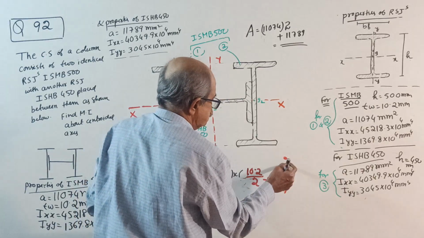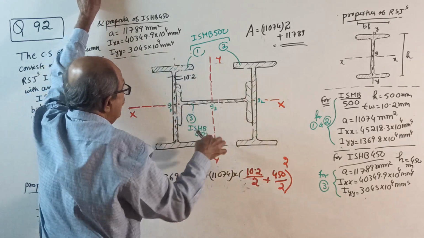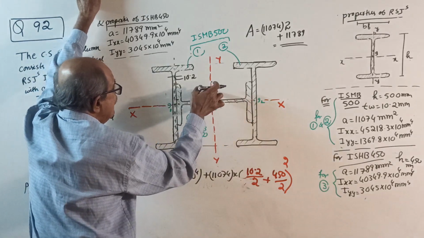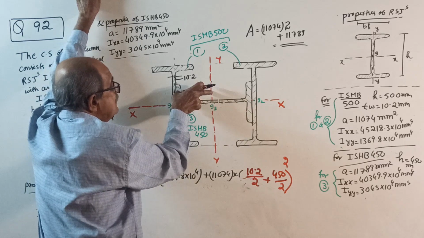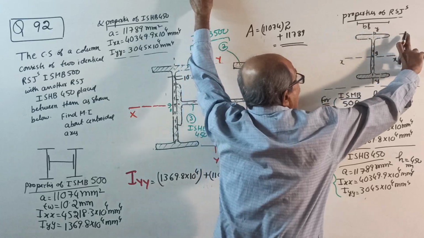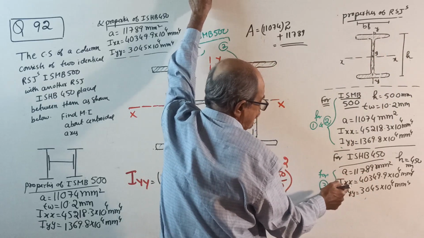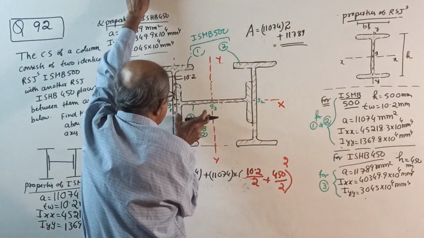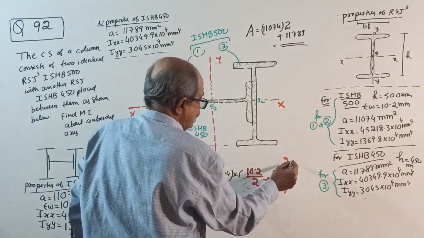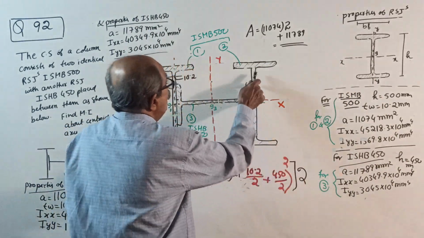Once again, whole square: from G1 to YY, this distance plus from here to here is half of H. So this member's distance is H by 2, 450 by 2 whole square. This is IYY for figure number 1, multiply by 2 for this one.